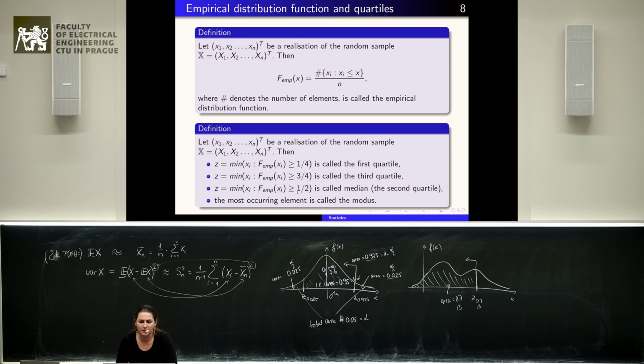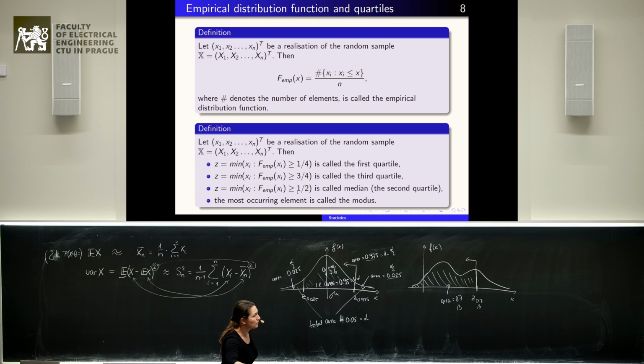Another basic term in statistics is the empirical distribution function and quartiles, median, and so on. So everything starts with the empirical distribution function.